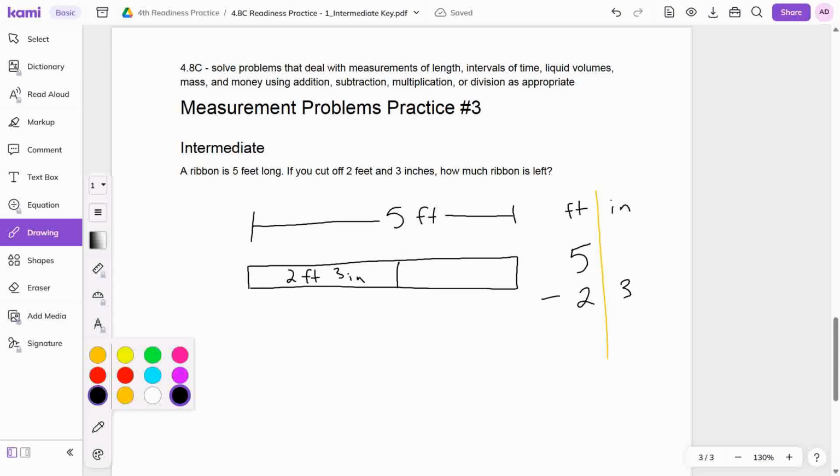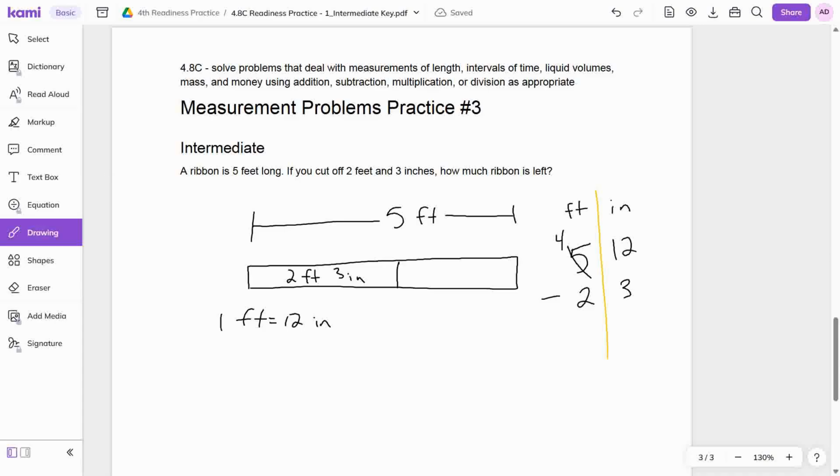If you borrow from this 5, you can. You can reimagine one of those 5 feet. But a foot is not equal to 10. When we borrow, typically we do 10. A foot is actually 12 inches. So we need to reimagine that foot that we took as 12 inches.